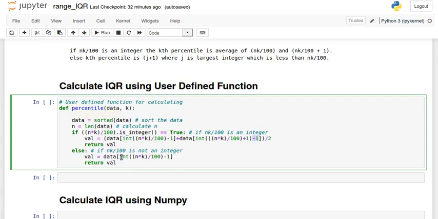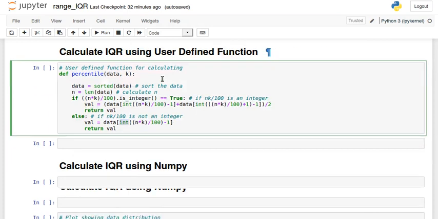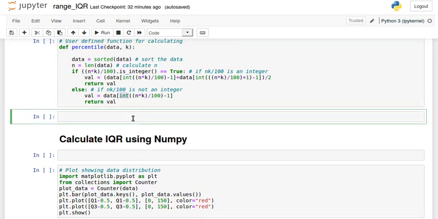So using the int method, it will automatically be the j plus 1 observation, which is less than nk. If we have 3.9, using the int method it will convert it to 3, which will be j plus 1. So let's calculate the interquartile range for our data using our user defined function.